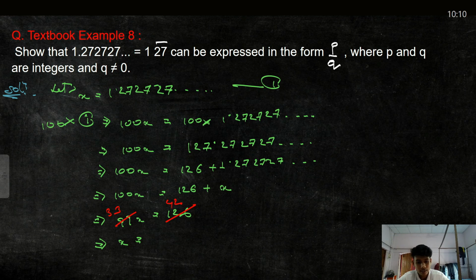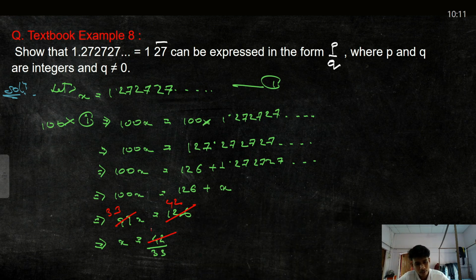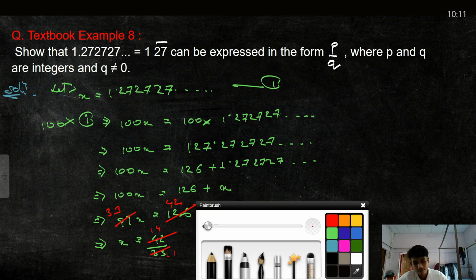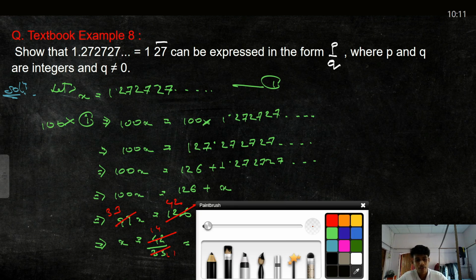That implies x will become 42 divided by 33, which can again further be divided by 3. 3 1s are 3, 3 4s are 12, 3 11s are 33, and x is equal to 14 by 11.